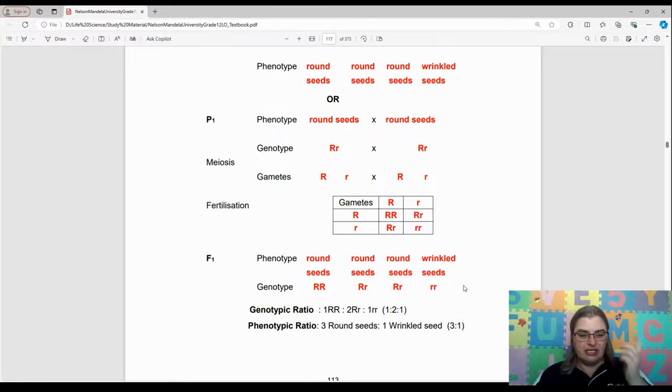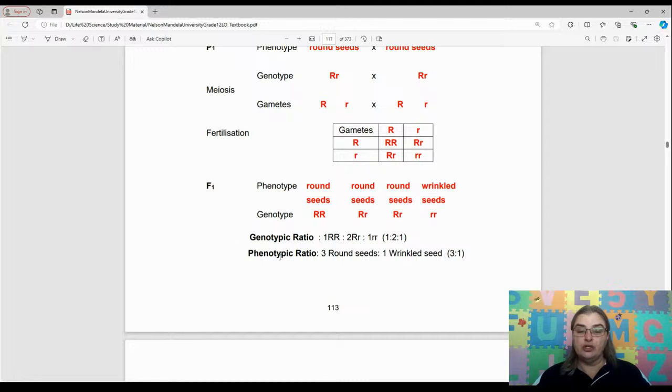And the genetic or the genotypic ratio, this is now the percentage or the ratio, okay? We get one RR, capital RR. We get two mixed or heterozygous, which is capital R, small r, and we get one small r, small r. So it's a 1-to-2-to-1 ratio. And that's the genetic.